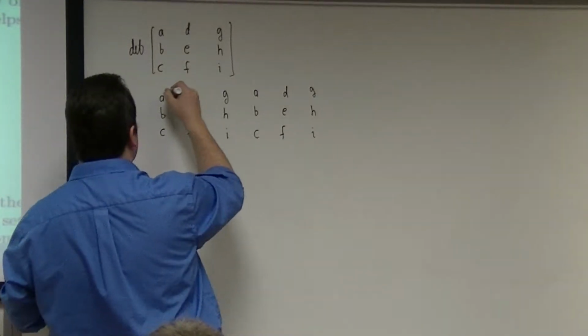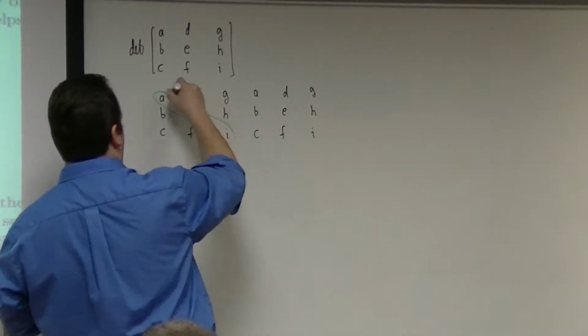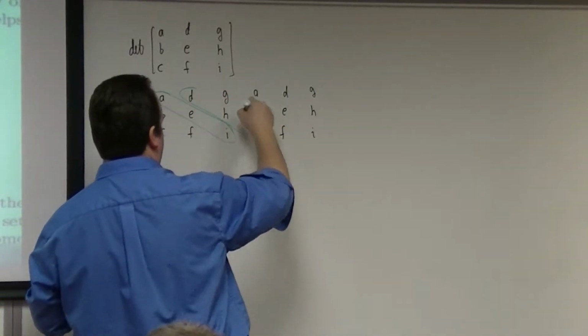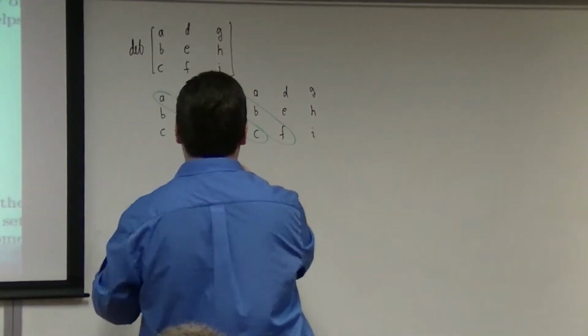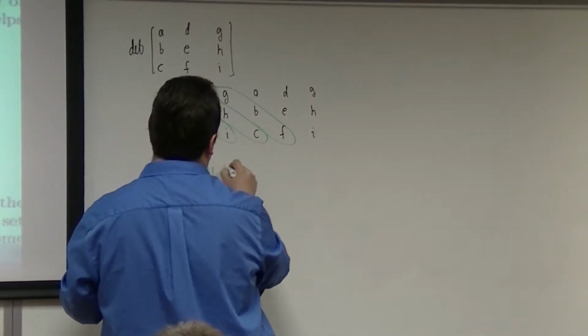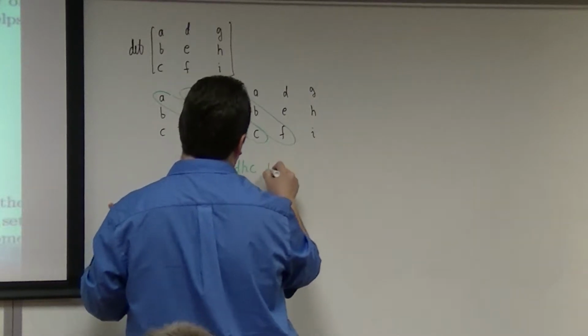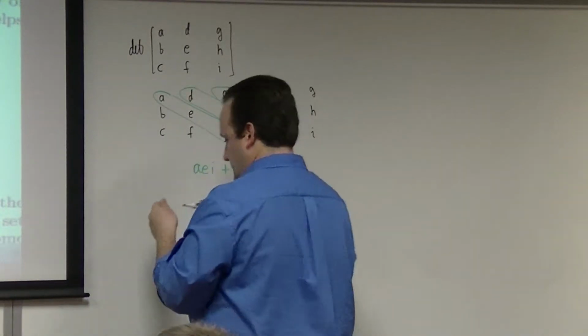So A E I, D H C, G B F, right? So that gives me AEI plus DHC plus GBF.